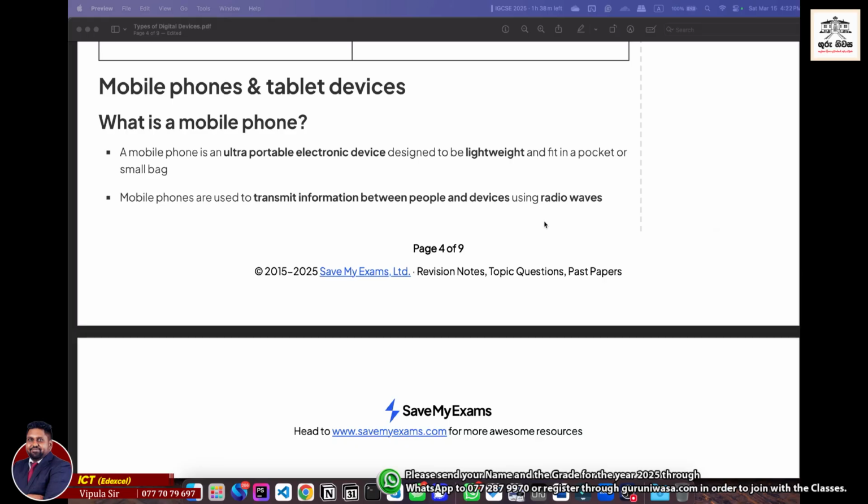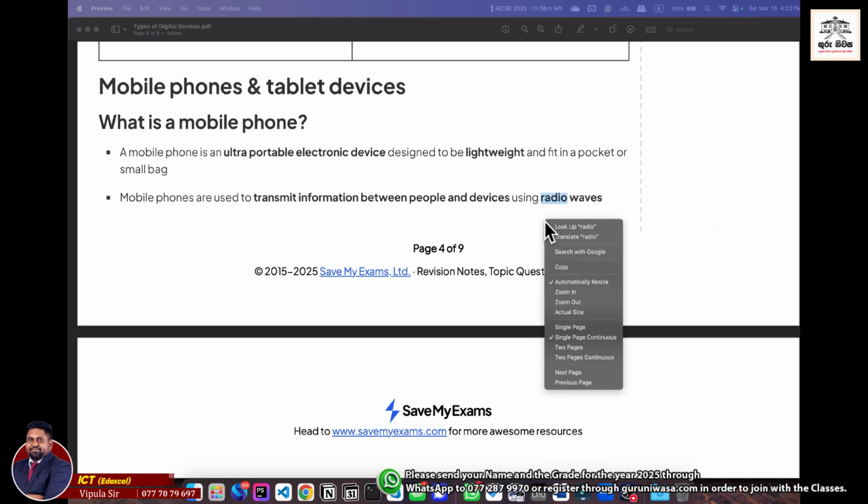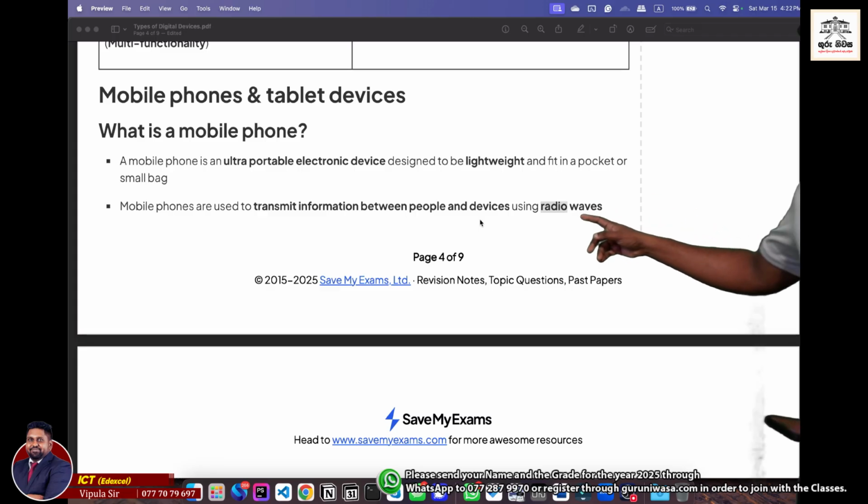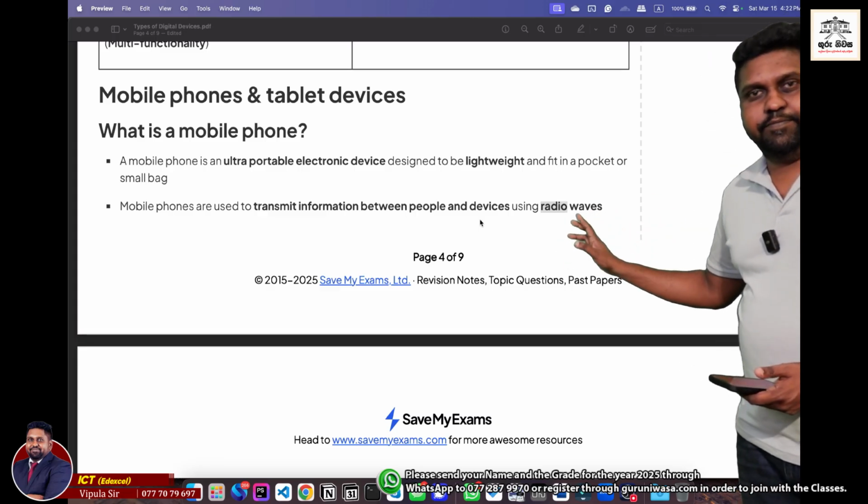We have multiple generations. We have the first generation, and now we are jumping into the 5th generation of mobile networking, right? Likewise, you just need to make sure that you write about the specific point. Saying that people communicate through radio waves would be perfect.